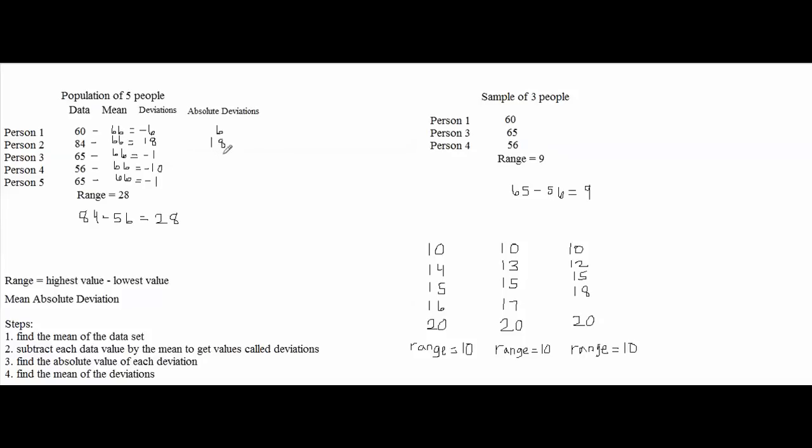Negative 1 becomes 1 when we leave off the negative sign. Negative 10 becomes 10. And negative 1 becomes 1. And if we had a 0 in here, then 0 would just stay 0 because the absolute value of 0 is 0. So now we finished step 3. We found the absolute value of each deviation.